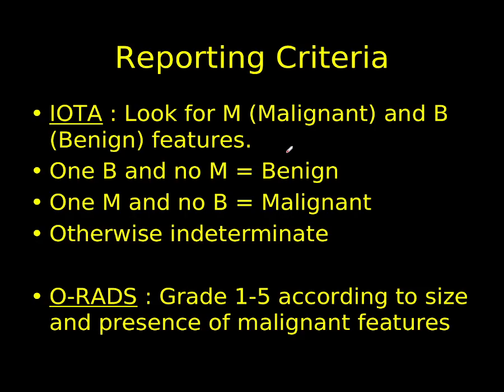If you have 1 malignant and no benign, then it's likely to be a malignant lesion. But unfortunately, if you have no features, or if you have features of both malignant and benign tumours, then it's indeterminate. The ORAD system, which I think is perhaps less helpful in the descriptive features, but probably more helpful in the management, is just a simple 1 to 5 grade.